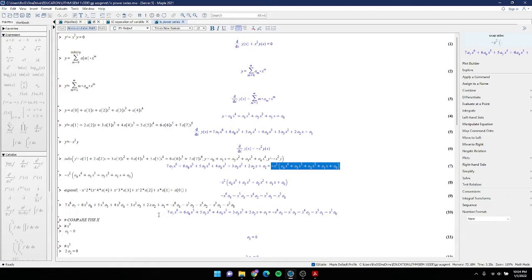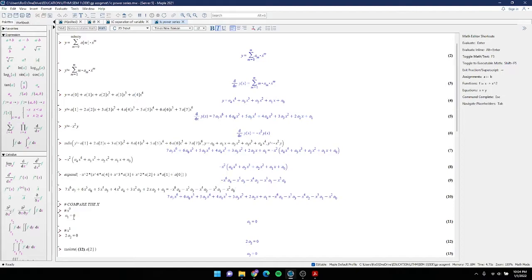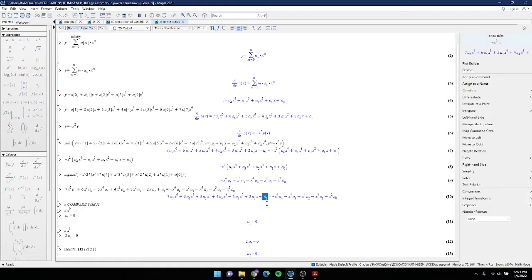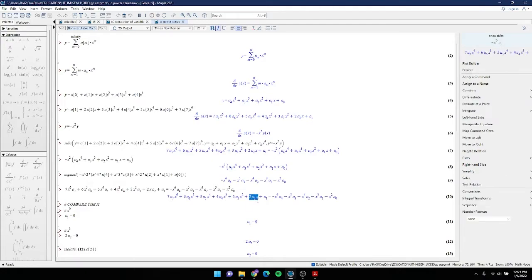Then we compare the powers of x from the left hand side and the right hand side. For x to the power of 0, from the left hand side we got a1, and from the right hand side we got none. So a1 equals 0. Then we compare 2a2x, and for the right hand side we also got none.